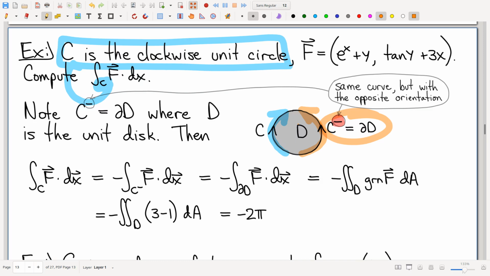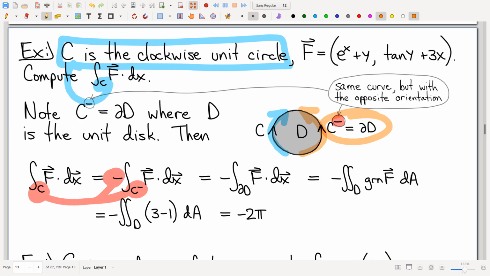And so this is the sort of little connect the dots that you have to make before you can actually invoke Green's theorem here. So step one is to realize that the curve oriented the opposite direction is what I need to rewrite this in terms of. Don't forget your minus sign when you switch your orientations.